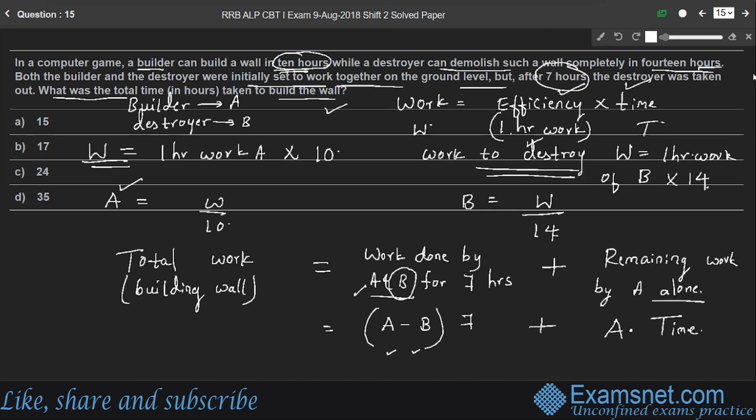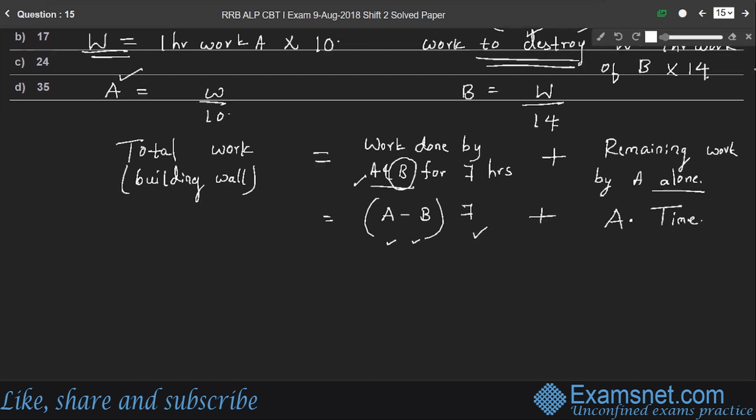That means the first 7 hours plus the last T hours will be the total time. Therefore, total work W equals A minus B, so efficiency of A is W by 10 minus efficiency of B is W by 14, into 7 hours, plus A into T, let T be the time taken by A. Here the efficiency of A again will be W by 10.